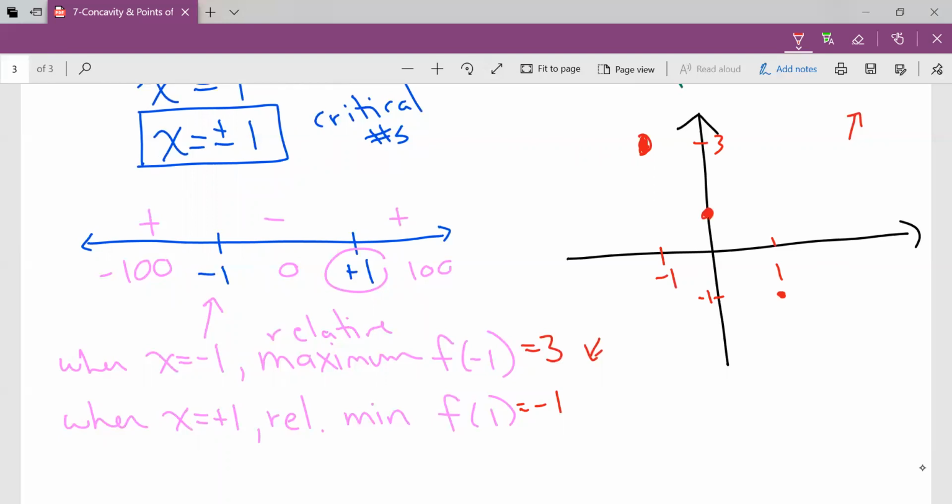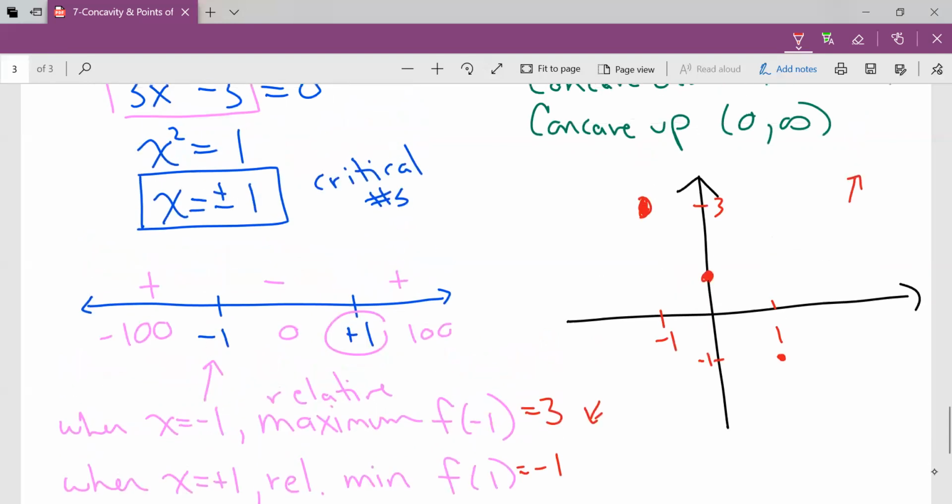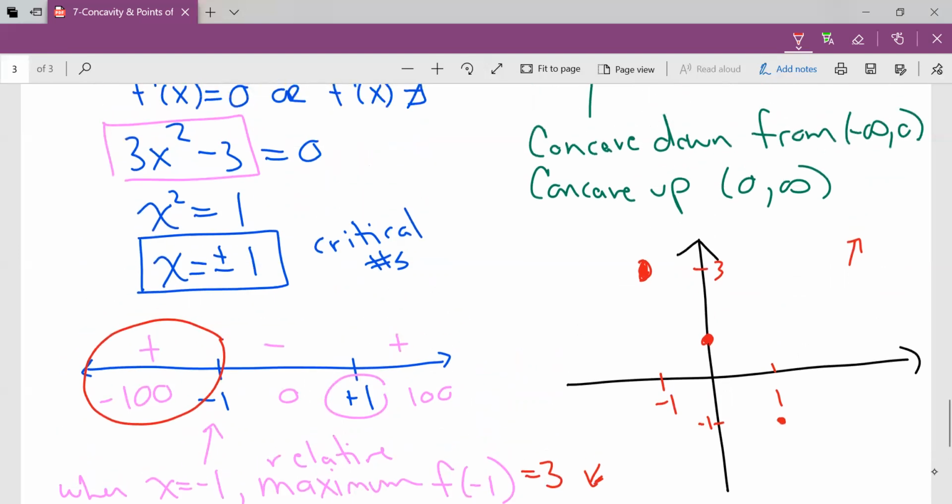Okay. And then increasing and decreasing. Well, it tells us we're increasing from -infinity to -1. That makes sense looking at what my partial graph looks like over here. And on that region, I'm told that I'm concave down. So I'm going to draw this. It's going to come up. It's going to be concave down.